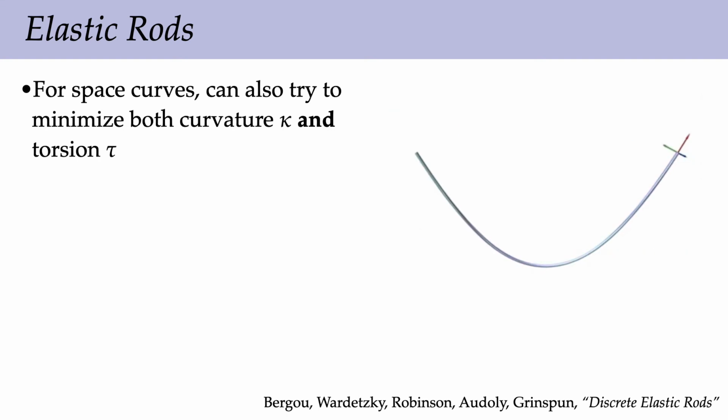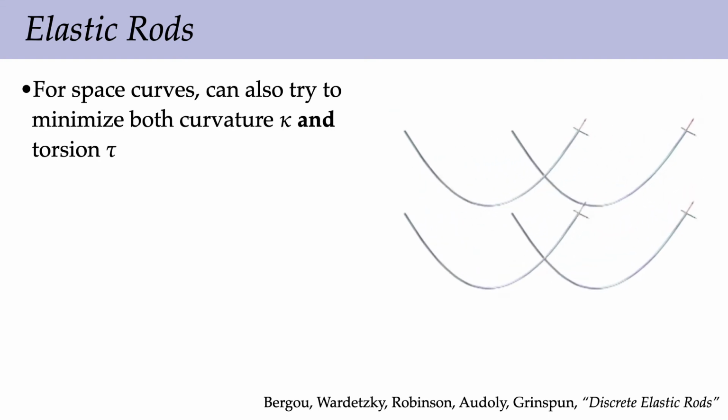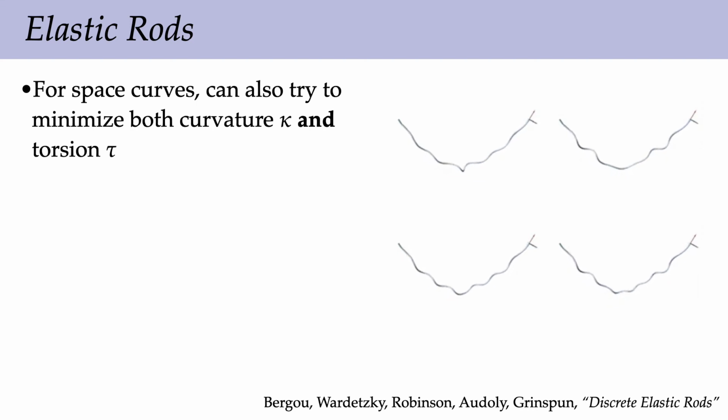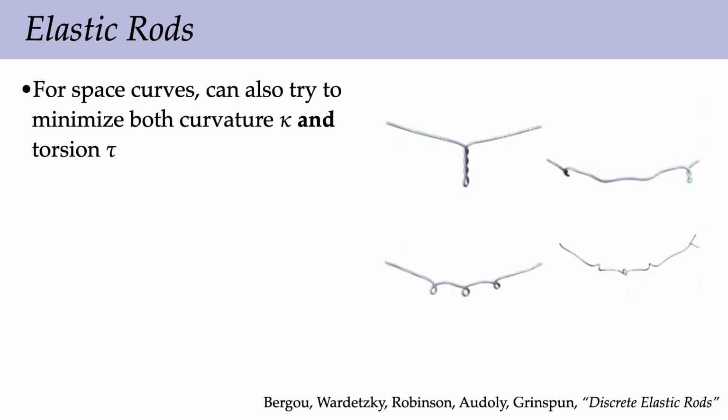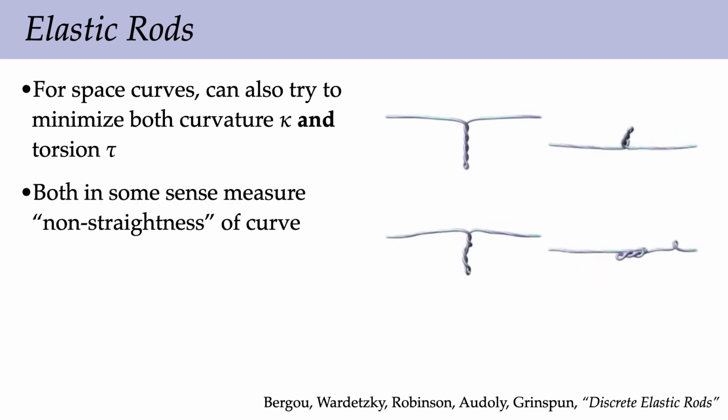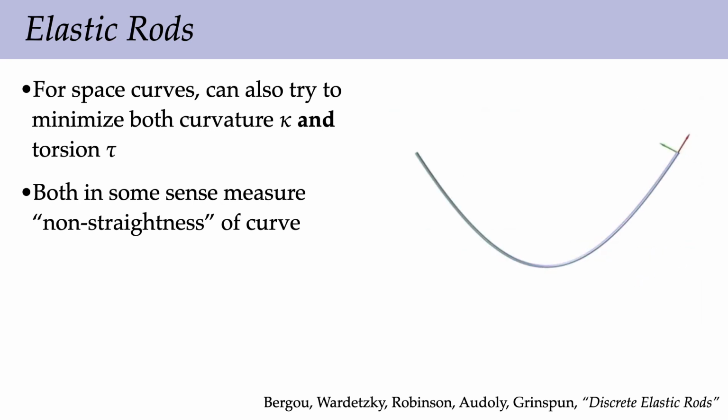In this case, to really make this physical, you'll also need to incorporate some notion of momentum. Right? The curve wants to keep moving along the direction it's been moving, but then it has these forces, these curvatures and torsions that are pulling it in different directions. Both the curvature and the torsion measure some notion of non-straightness, so the curve or the rod is going to try to straighten out and untwist.